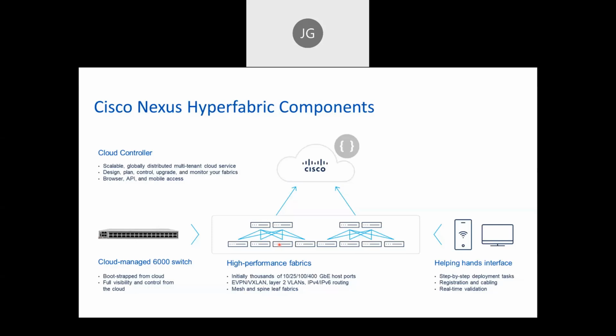So we're creating a VXLAN EVPN connection. So that's Ethernet Virtual Private Network, Virtual Extensible LAN through this fabric. This is going to provide that multi-tenancy inside the fabric to keep that data separate. By the way, we can also instantiate things like layer 2, classic VLANs. And yes, we are supporting IPv6 routing.